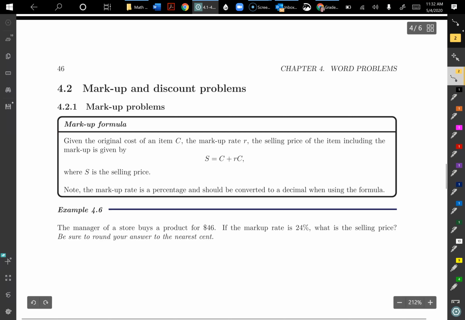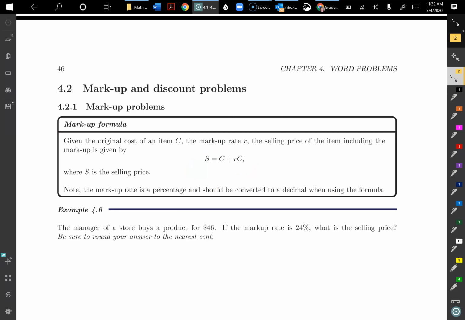Whenever you're selling something, you need to charge more for it in order to make a profit. So the markup is a percentage and should be converted to a decimal all the time in this formula. So think of it that way.